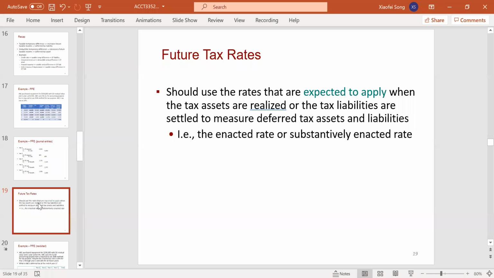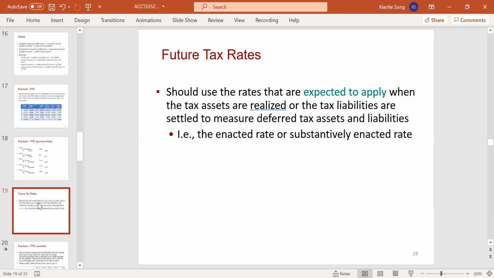So far the example is every year has the same tax rate. If future years' tax rate is different from the current year's tax rate, then you pay tax based on that year's tax rate, right? So for instance, in this example, we have a taxable future difference.